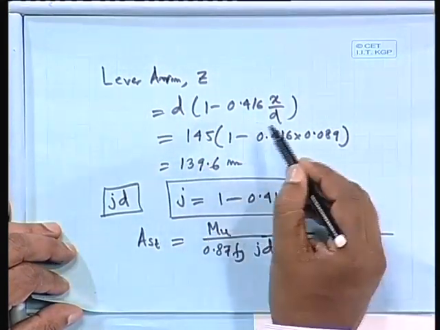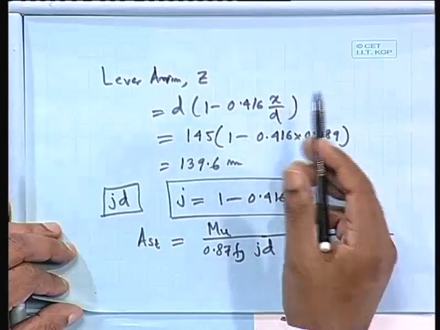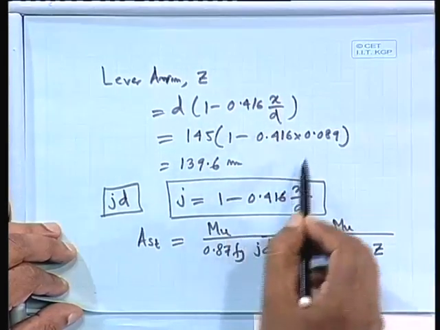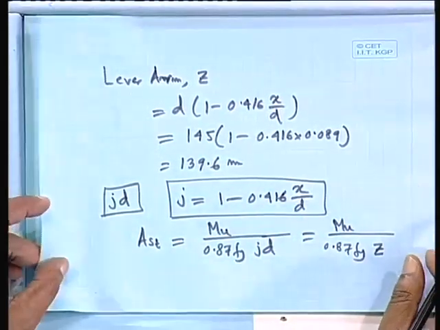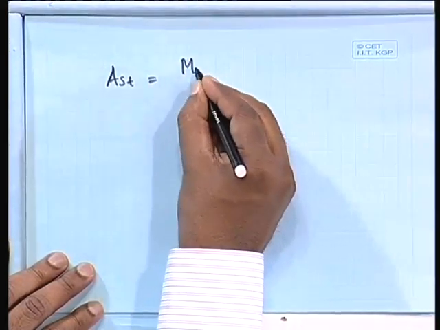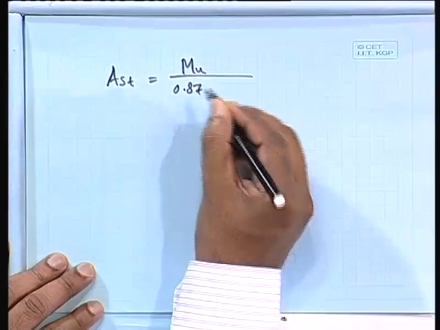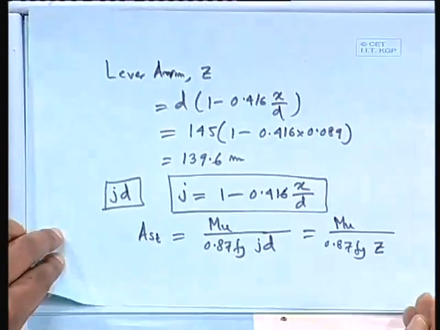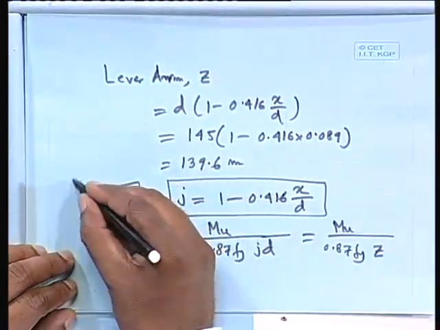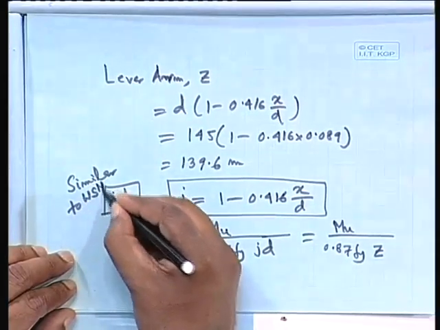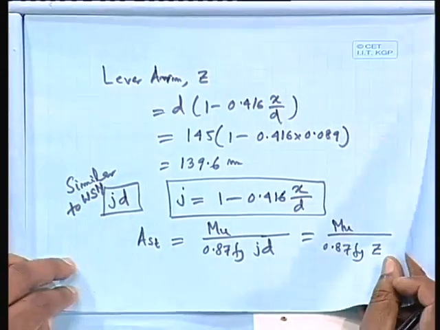If you are interested to make it analogous to the working stress method, I can write that JD, where J is nothing but this one. So AST equal to Mu by 0.87 Fy Z. I should write this similar to the working stress method, so that JD I write here.